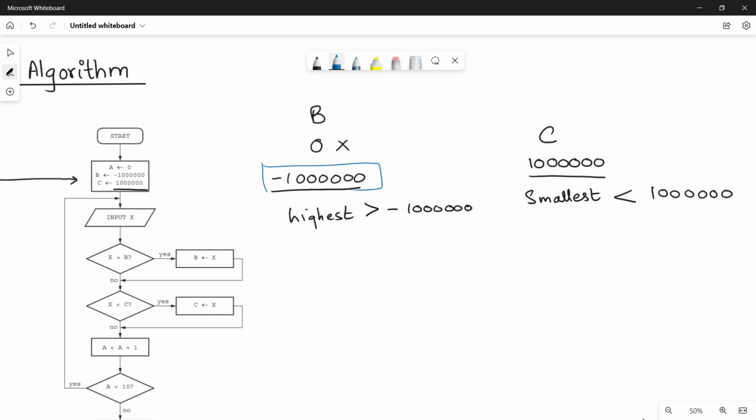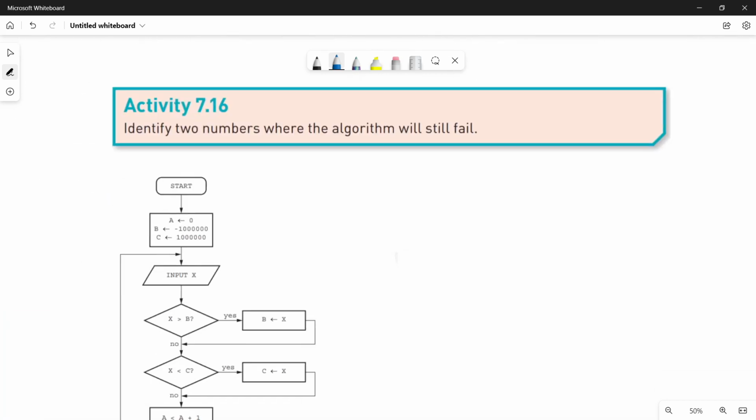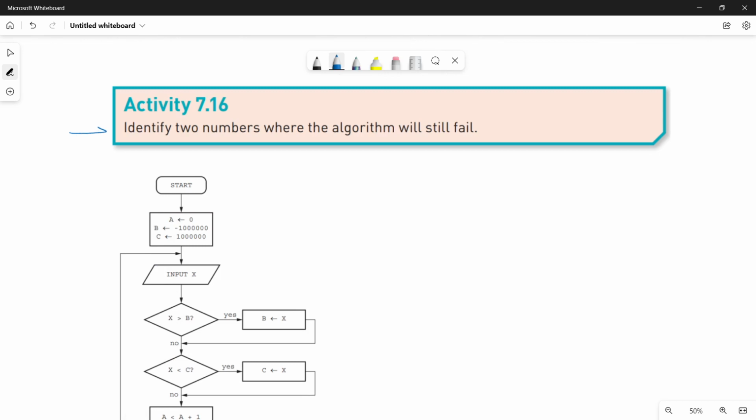Look at here. Again, the problem will be the same. If the test data is not within the range of these two numbers, then there will be some error. Either you will not be able to identify the highest value, or you will not be able to identify the smallest value. Now, look at activity 7.16.